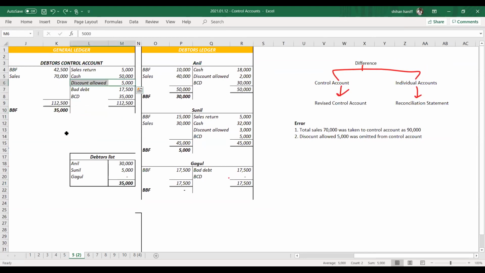Now I'm going to take an error in the debtors ledger. Number 3: Sunil's balance.